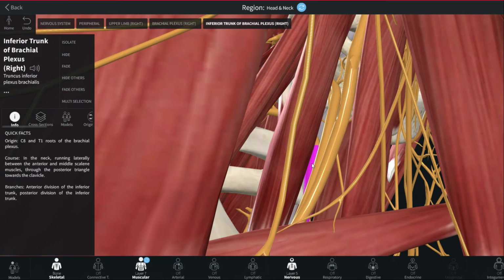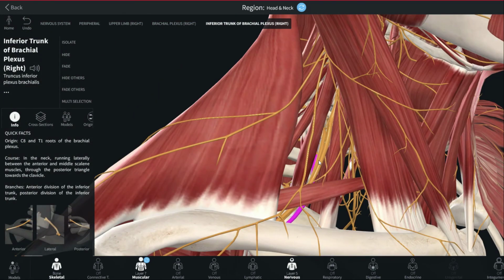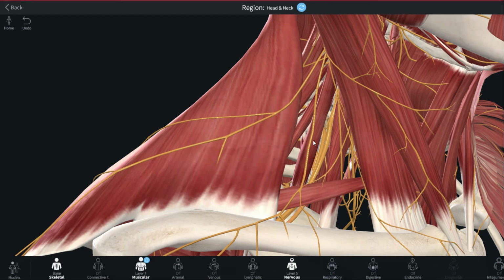So the thing is that these trunks or the brachial plexus itself can also be blocked. The brachial plexus is essentially the nerve supplier of the upper limb. However, the blocking of brachial plexus is done in the cervical region. Why so? Because I have already said that the cervical part of the brachial plexus is essentially the root and the trunk region. The roots and trunks constitute the cervical part of the brachial plexus.